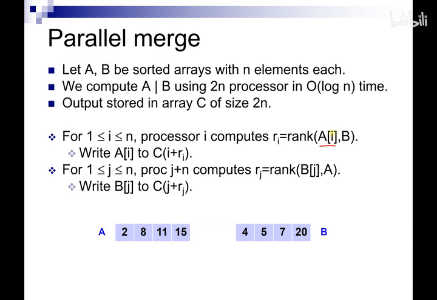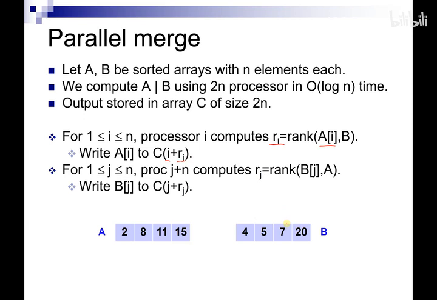And then the rank of A[i] in B we can compute in log n time, using a single processor with binary search, as we saw. Whatever this rank of A[i] in B is, we can use the previous claim to say that the final position of A[i] in the overall merged list C is going to be the rank of A[i] in A plus the rank of A[i] in B. Likewise, we have a bunch of processors assigned to the B values.